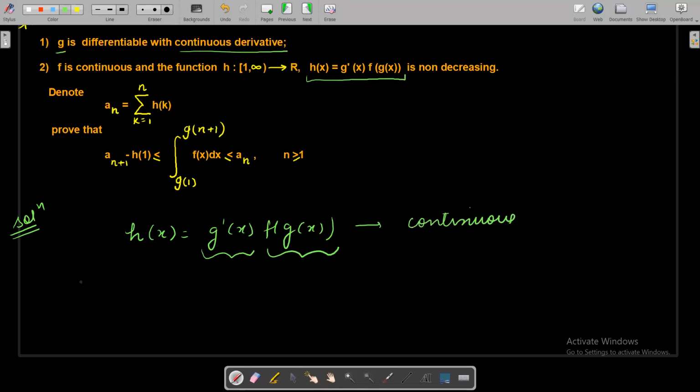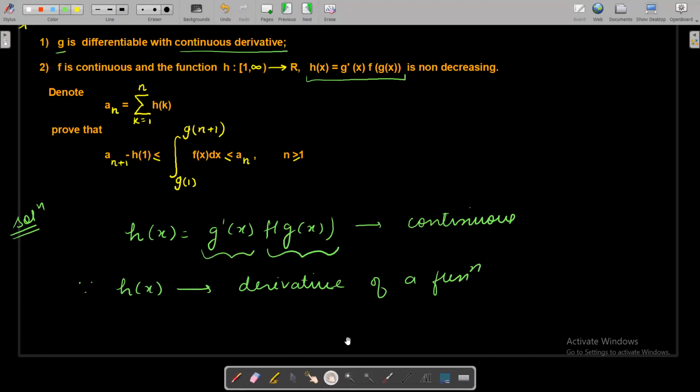And further, since h is a continuous function, I can say that h of x is nothing but a derivative of a function. What do you mean by derivative of a function? It means that this function definitely has an antiderivative.